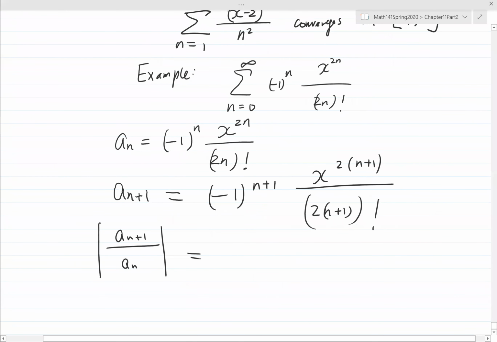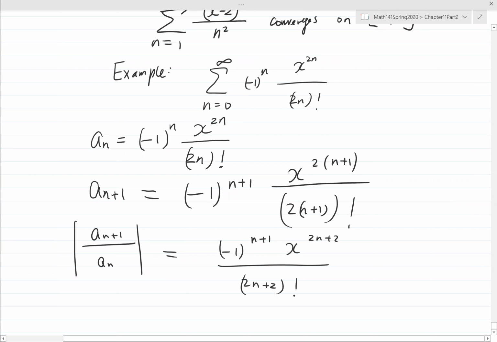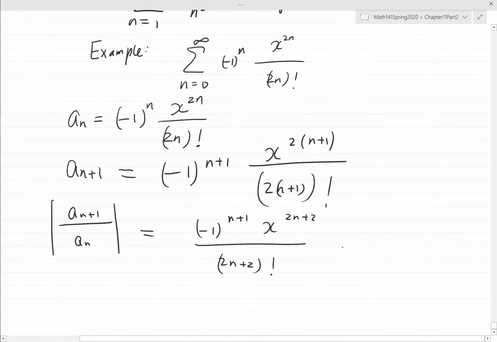Now here are the alternating factors. Let's find the alternating factor, negative 1. Do some algebra. This is a_n plus 1. And for a_n, when we divide by a_n, we flip the numerator and denominator of a_n.